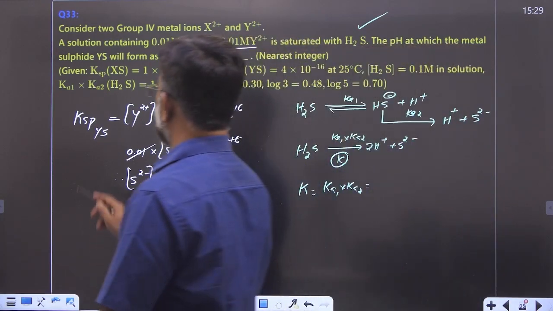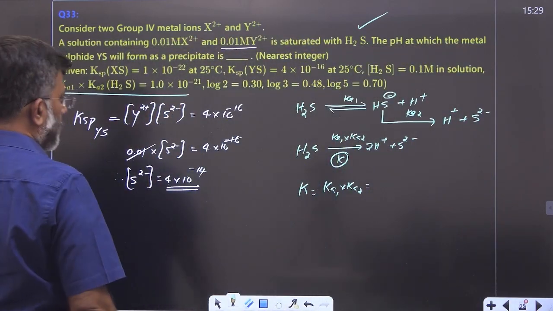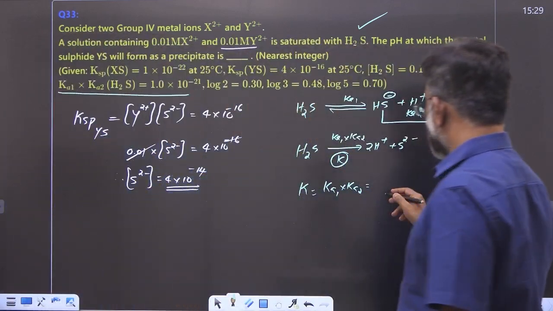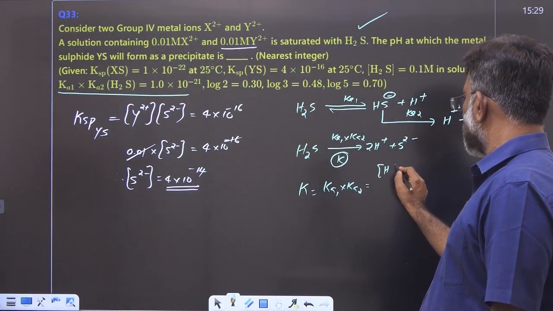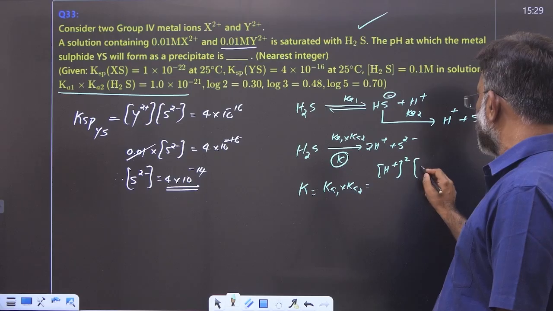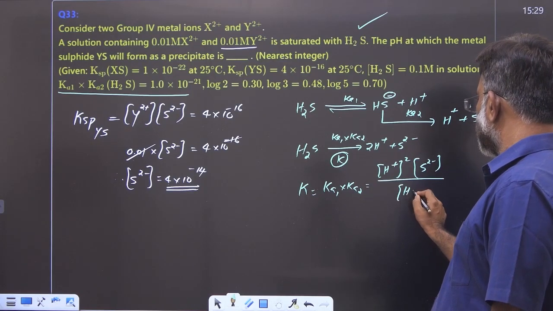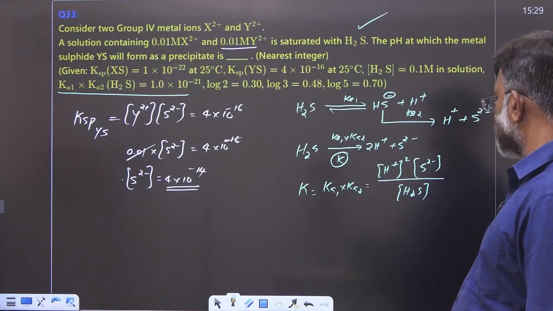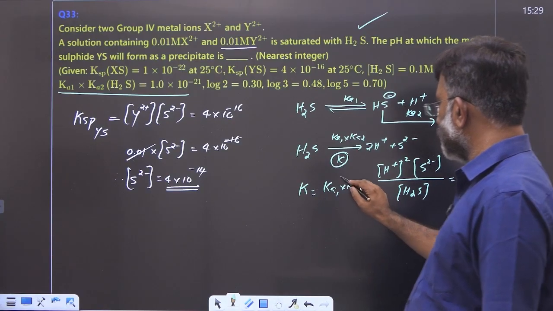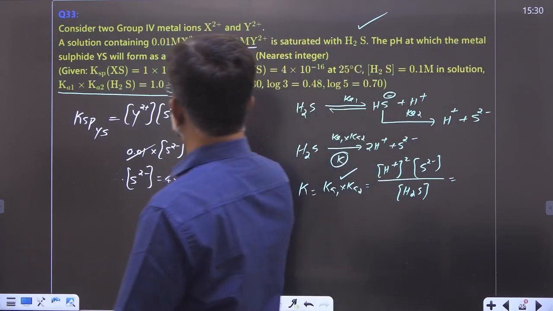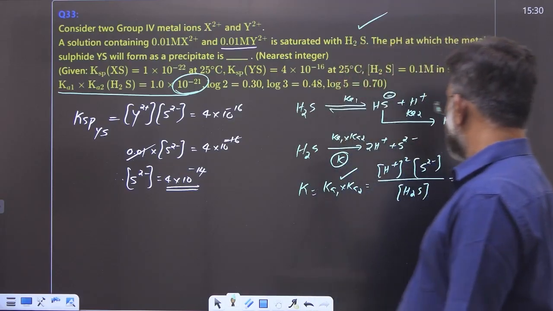Here you can see Ka1, Ka2 data is given. And that is equal to H plus concentration square into sulfide concentration divided by H2S concentration. And that is equal to Ka1 into Ka2, that is 10 power minus 21.